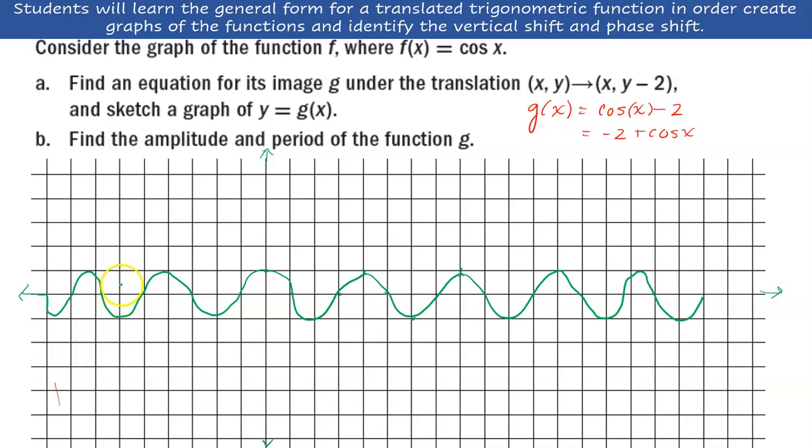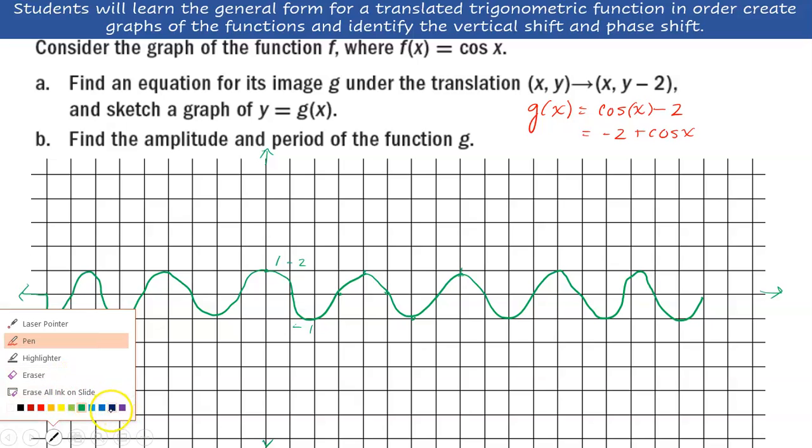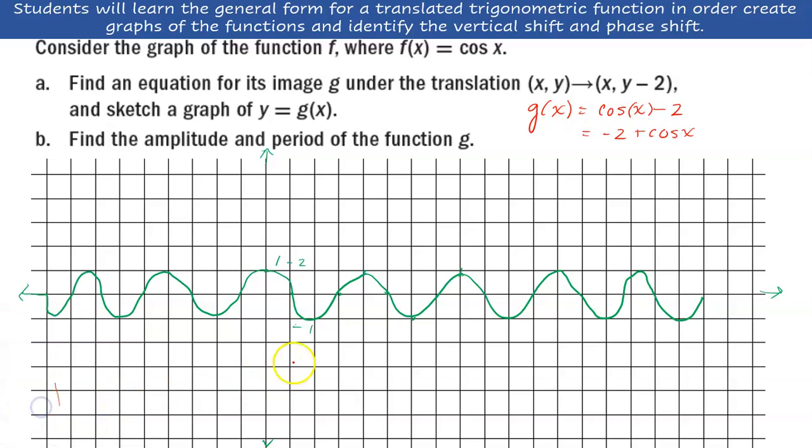Okay? Now, it says that it's y minus 2. So what's that going to do to this cosine curve? Well, it's going to move it down 2, right? While we were at +1 and -1, we're going to move that down 2. So 1 minus 2 is going to be -1, and that's going to be our new maximum. We're going to have our maximum here.